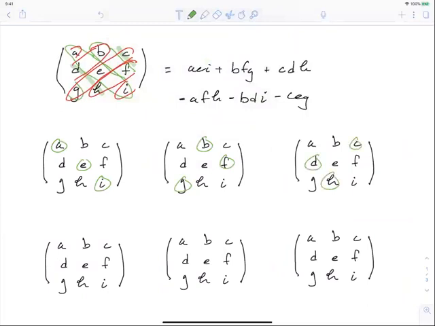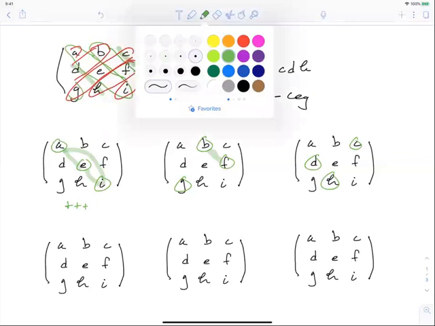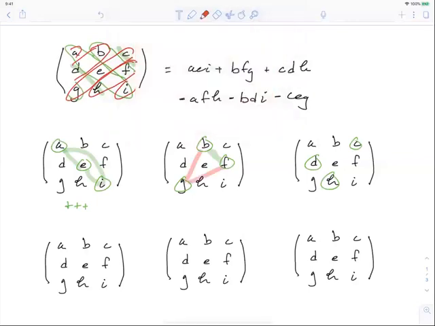And unlike before, it's not clear whether these patterns are positive or negatively oriented. So what we're going to do is look at them pairwise. We're going to say, okay, how are the pairs oriented? So here we have 3 pairs, and in that case, they're all positively oriented. Those are 3 positively oriented ones. Now for the next one, this one's a little trickier because there's only 1 positively oriented one, but there's 2 negatively oriented ones.